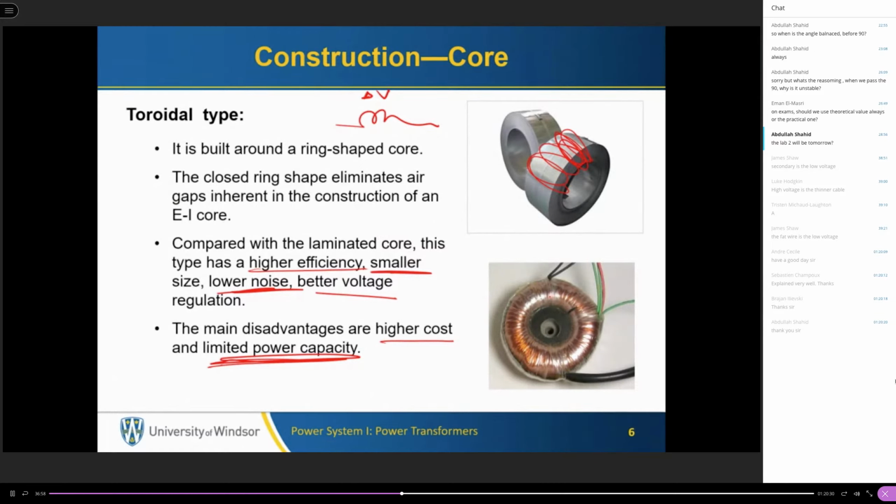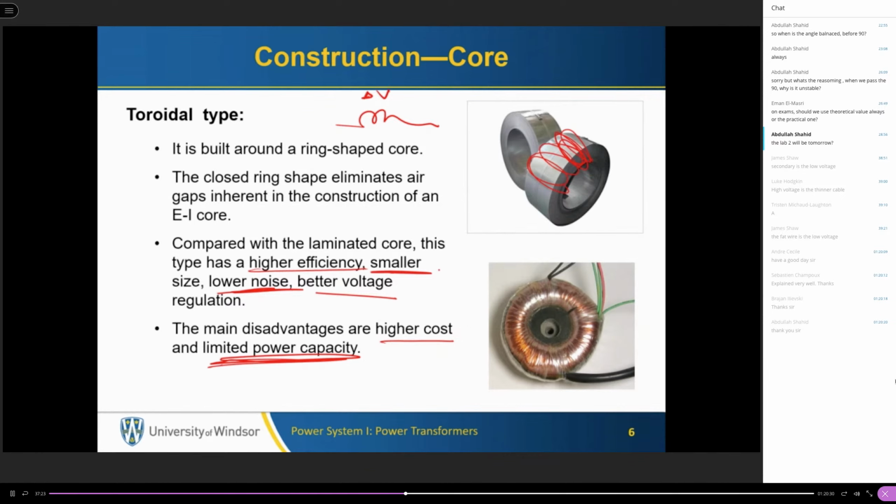We have less air gap, we don't have enough space to cool down the coil. As a result, if we use it for high power application, it will be heated a lot, and as a result, it will not be used. We cannot easily or efficiently cool down the coils and windings.